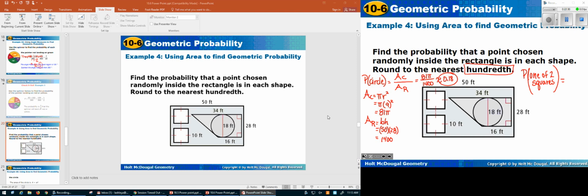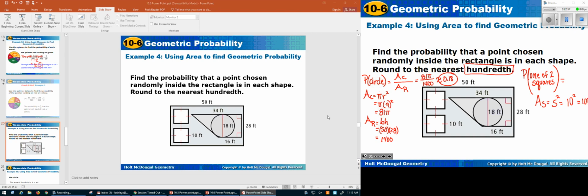So what do we notice about those two squares? Okay, they're squares, so they're definitely equilateral, but what do you notice about them when you compare them to each other? They're congruent. They're the same. So you really just have to find the area of one of them. So let's find the area of the square. What's the formula? S squared. And our side length is? And 10 squared is? 100.